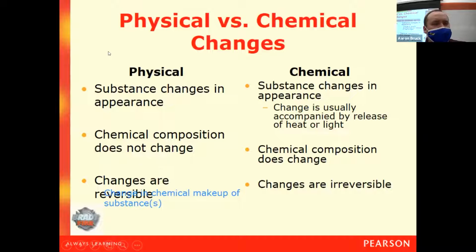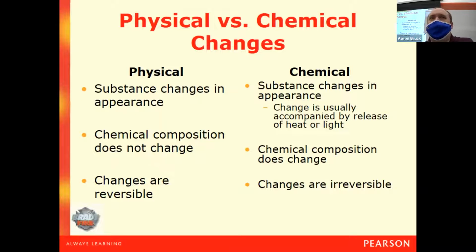How can we tell physical and chemical changes from each other? Well, there are some similarities. For example, physical and chemical changes both will result in the change of the appearance of the substance itself. A common physical change would be something like ice melting.